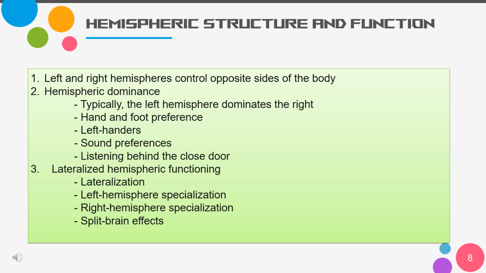Number 2, hemispheric dominance, consisting of the left hemisphere dominates the right, hand and foot preference, left-handers, sound preferences, and listening behind the closed door. And subtopic number 3 is lateralized hemispheric functioning, consisting of lateralization, left hemisphere specialization, right hemisphere specialization, and the split brain effects.